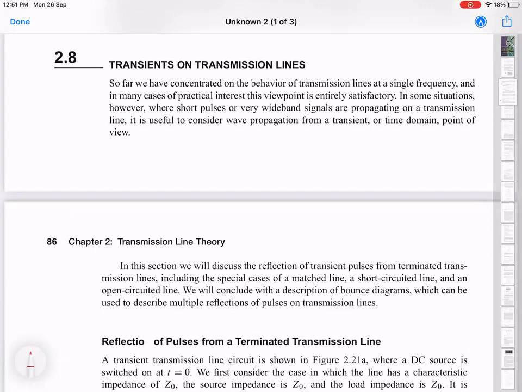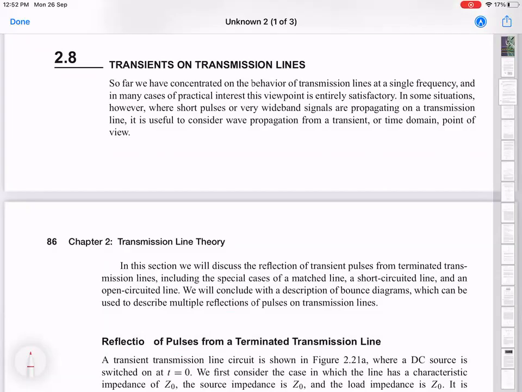So remember we had introduced this idea that if you have a finite length of transmission line, and you're at the input and there is some source and you turn it on, even though the other end could be a short circuit or an open circuit, the wave is going to reflect only after enough time has passed that the signal can propagate all the way to the end and come back.